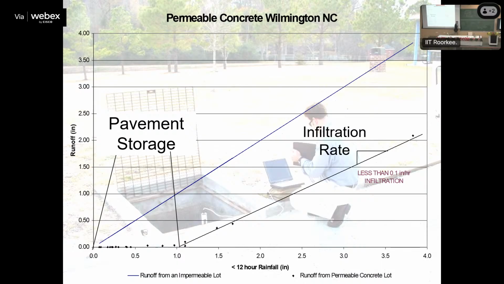That line is the underlying soil's infiltration rate, okay? So the infiltration rate, which started out as 25 to 50 millimeters per hour, actually ended up being about 2 millimeters per hour. So it started out 25 to 50, it got reduced to 2.